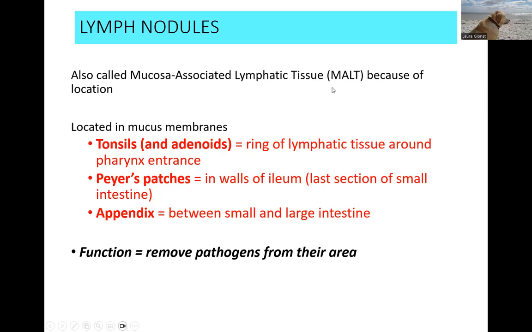It's not technically a lymph node, but they function to help monitor the contents of, let's say, in the case of the Peyer's patches, organisms that might be getting across the small intestine, in the tonsils and the adenoids, which are located in the upper part of your throat, in different areas of your throat called the pharynx.